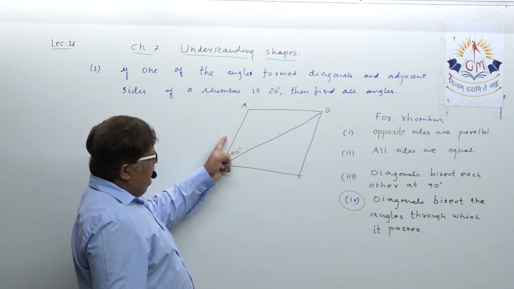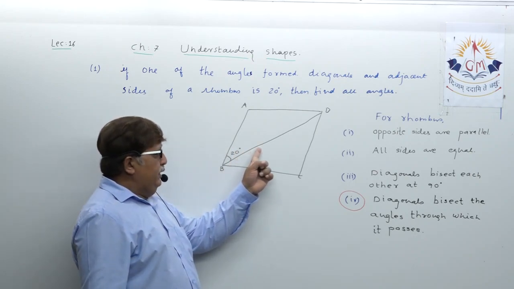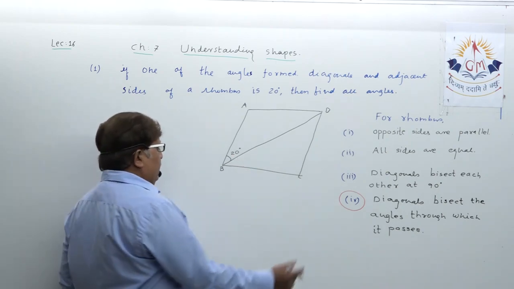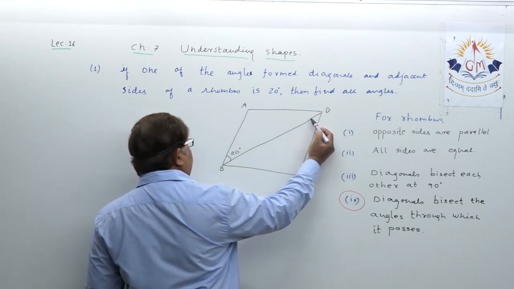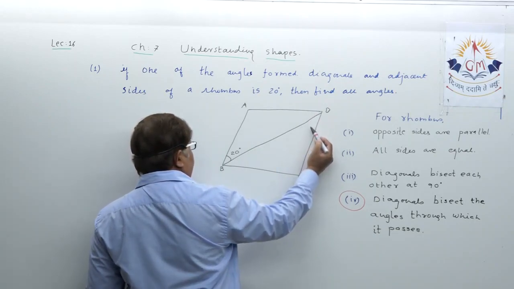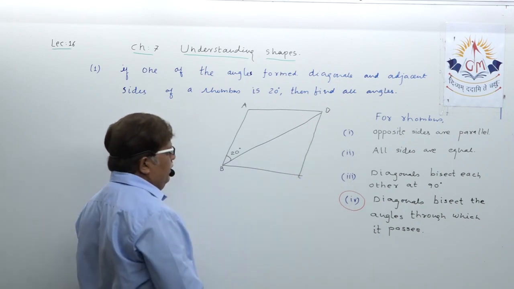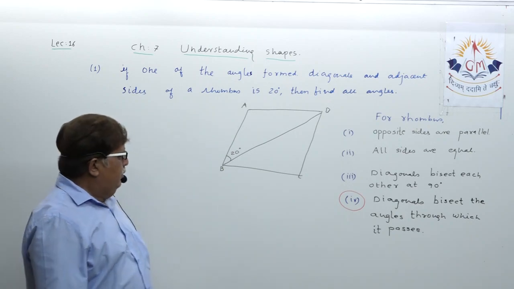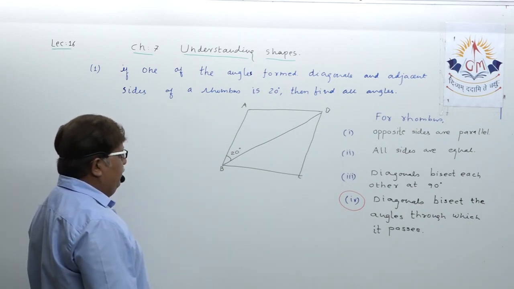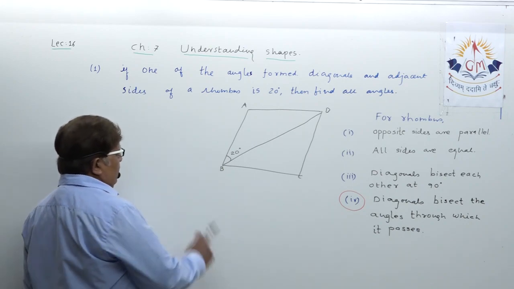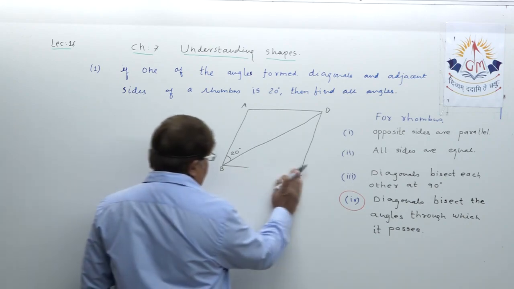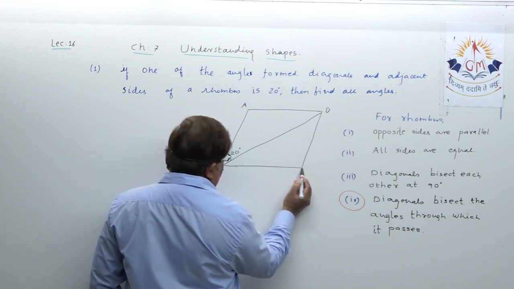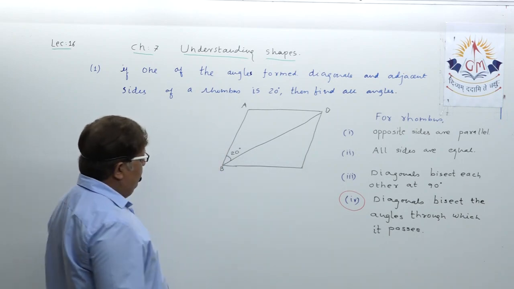This is adjacent side, this is diagonal. This is adjacent side, this is diagonal. You can even mention here also diagonal and adjacent side. Anywhere you can mention 20 degrees. So the very important thing first is you just show it in the diagram. Okay, this is what we just presented, the given data in a diagram.